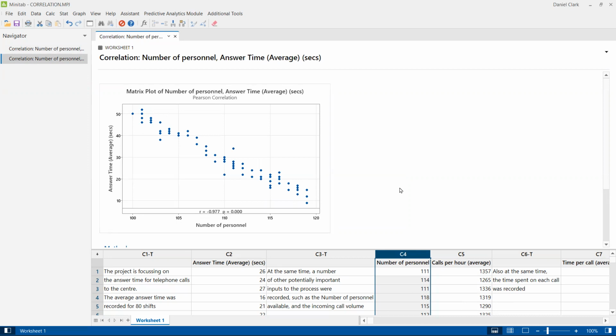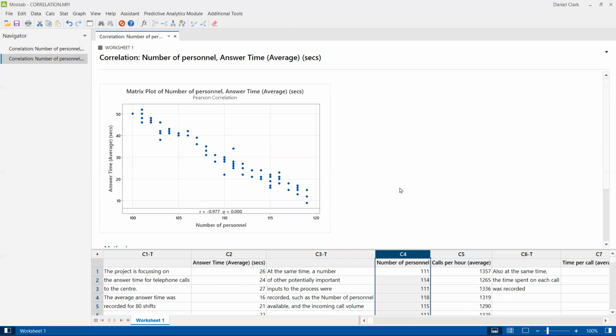The p-value is where we want to start. Our null hypothesis was there's no relationship between the number of personnel and the average answer time. The p is very low, so we reject the null hypothesis and conclude that there is a relationship. So, when there is a relationship, how meaningful is that relationship?